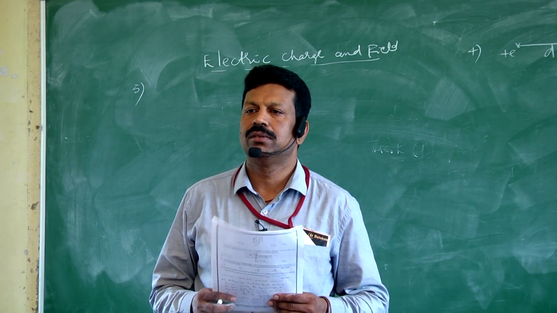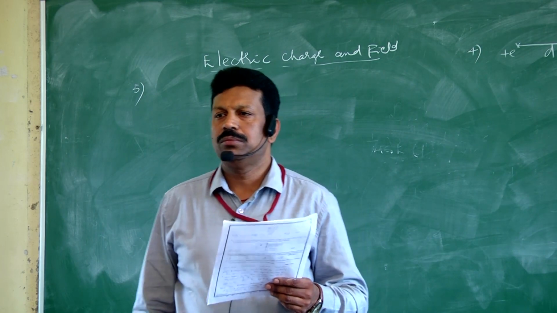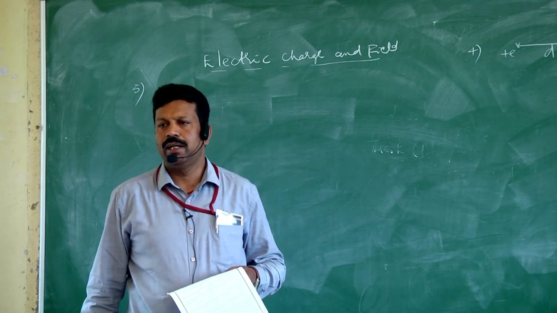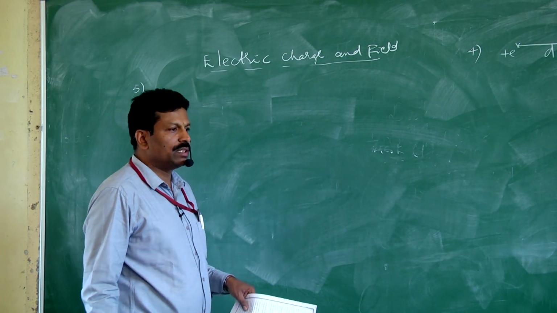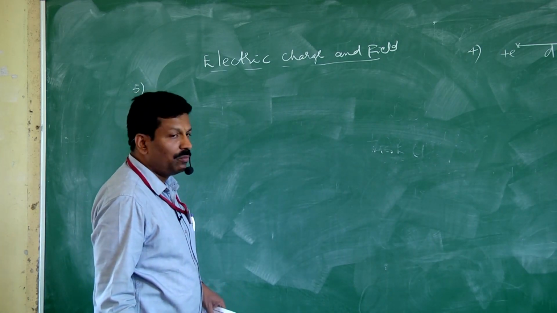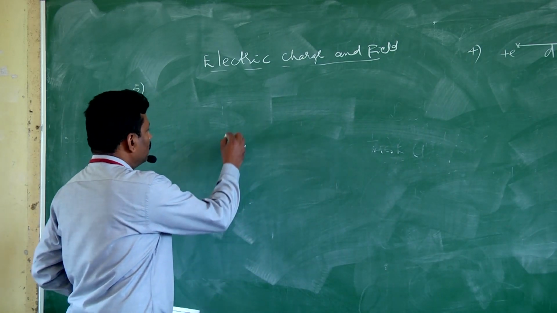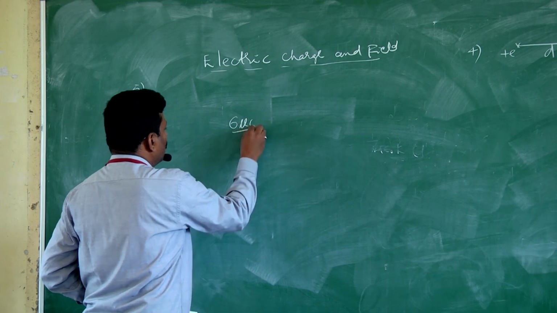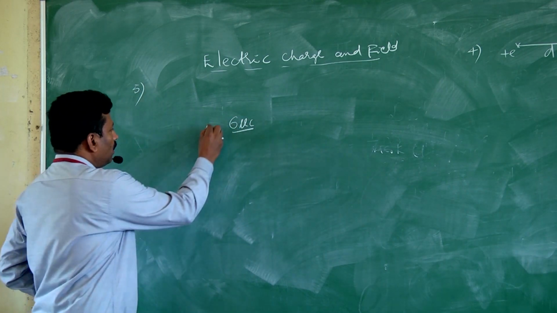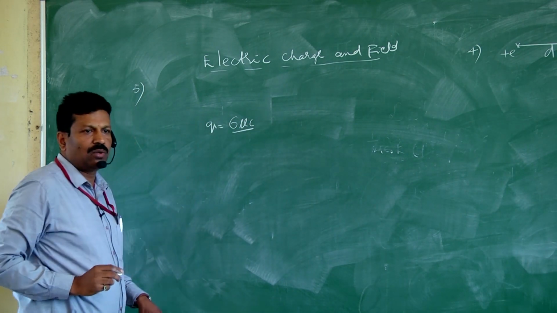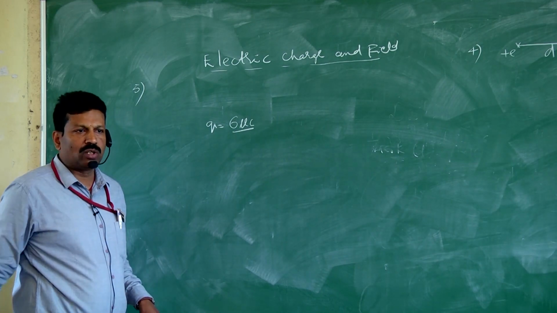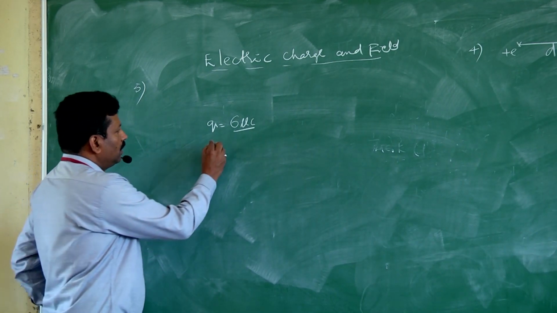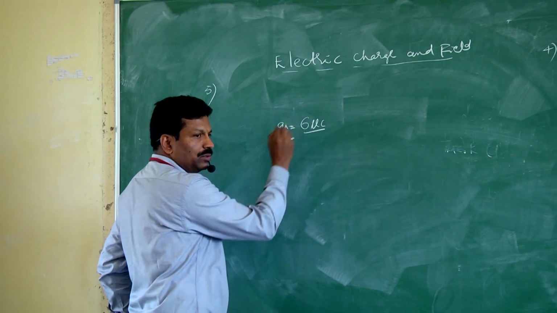The force between any two charges is maximum when... for example, if I take Q as 6 microcoulomb. Assume Q is equal to 6 microcoulomb. How can we divide it?